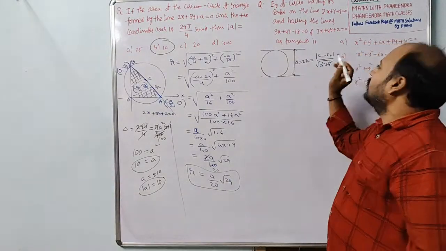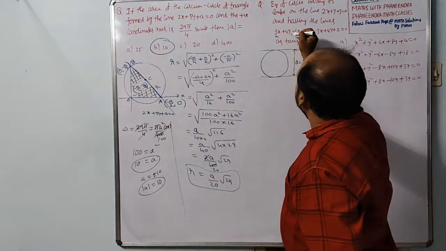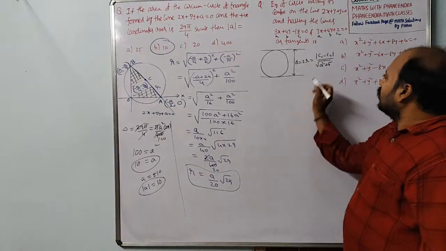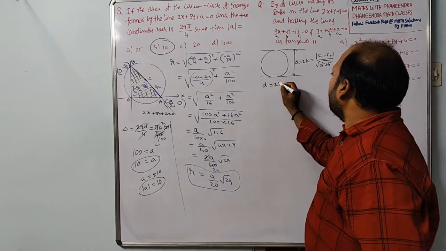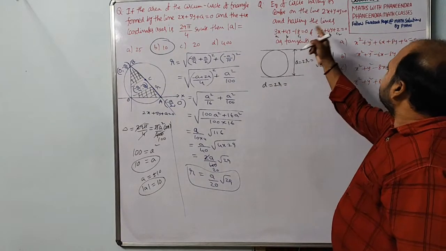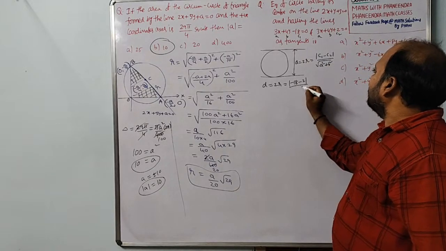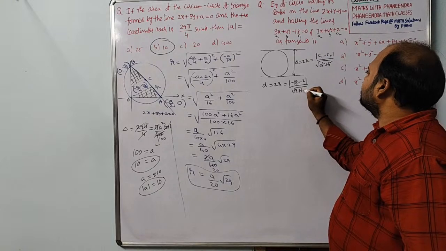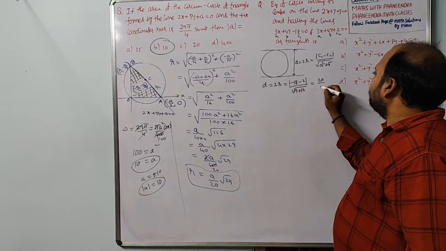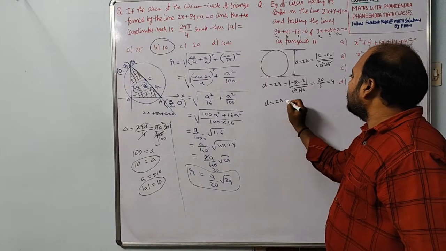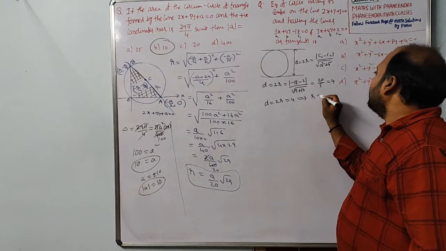Am I right or not? So this is a, this is b, this is c1, this is a, this is b, this is c2. So d is equal to 2r is equal to c1 minus c2. So minus 18 minus 2 divided by root of 9 plus 16. So 20 divided by 5, that is equal to 4. So d value is equal to 2r is equal to 4. That implies radius equal to 2 only.